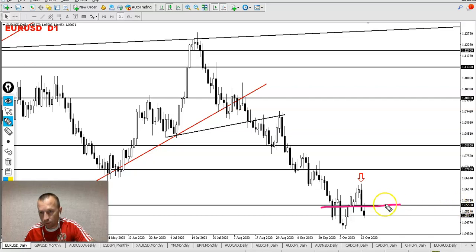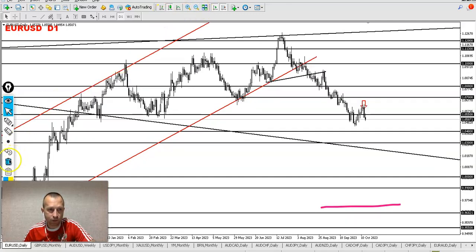This is an important level on the market, 1.05, and I believe that we still will see more weakness from EURUSD, and the next target is 1.04, and another one 1.03. Overall I strongly believe that we're going to chase this line, and this is a line from the monthly time frame.